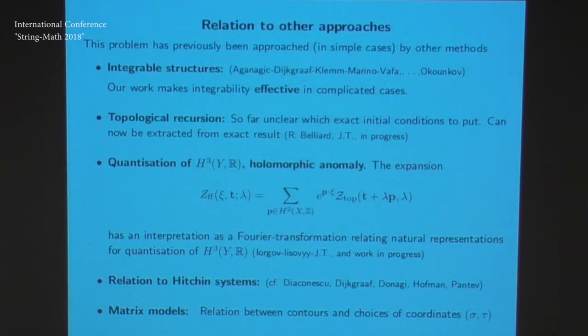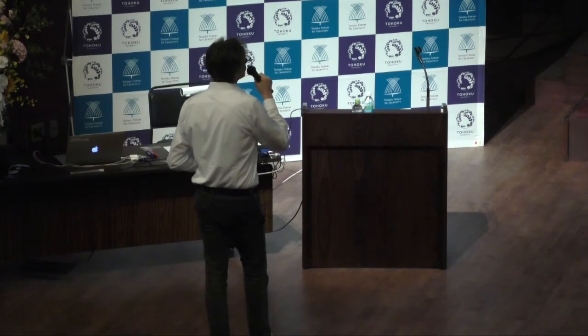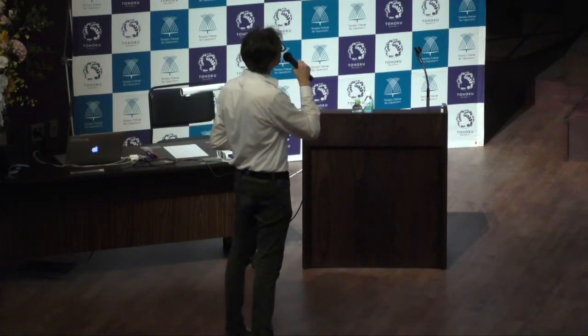Good, so, well, I don't have much time, but of course, maybe a few words are appropriate to compare it with the other approaches. Many approaches have been put forward to characterize and calculate the topological string. Most of the following, of course, is something that should be studied or is partly work in progress.